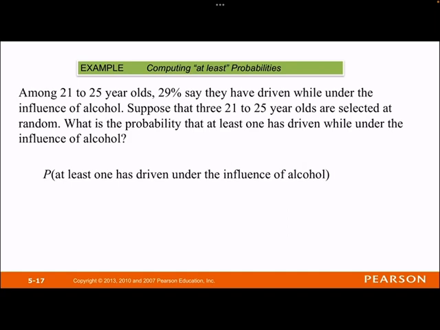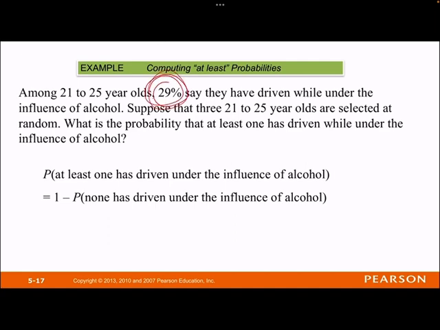To find that, we're going to do 1 minus the probability that none has driven under the influence of alcohol. Again, 29% is the ones that have. So if we want the percent that has not, we take 100% and subtract out the 29 that we've already used, which leaves us with 71%. Changing 71% to a decimal, it would be 0.71.